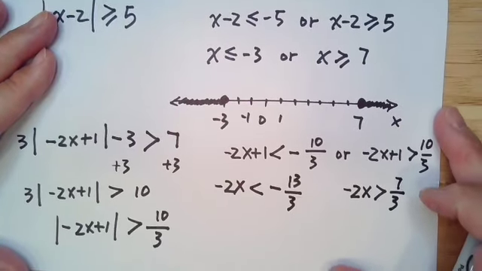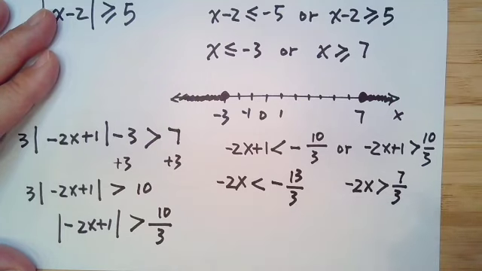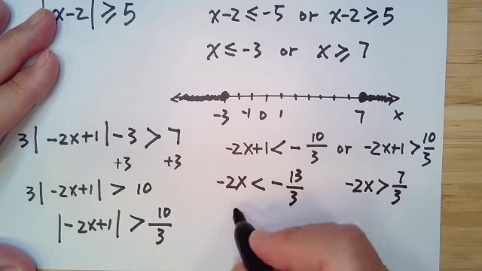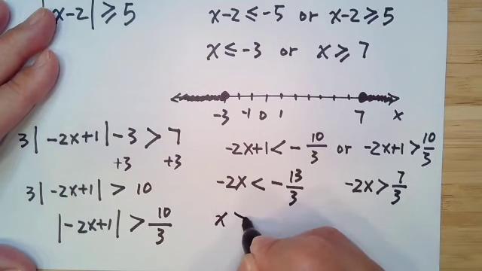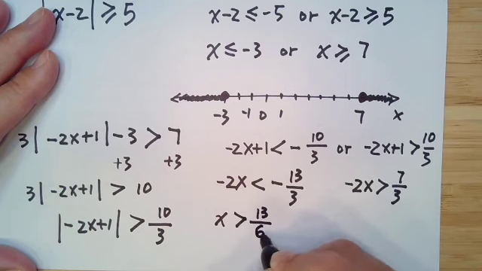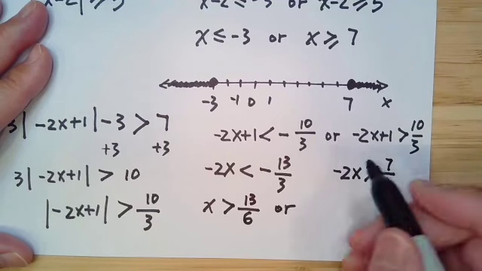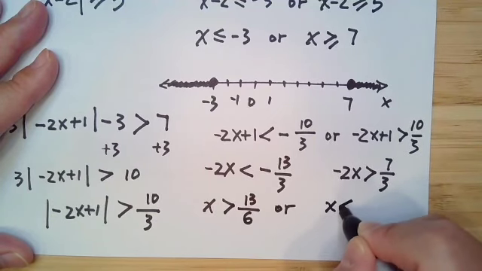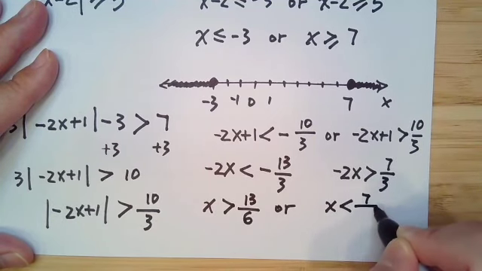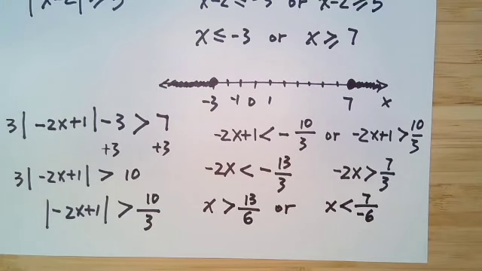The next step, we divide by negative 2. Divided by negative 2, that means you have to change the direction. So you have x is greater than 13 over 6. Or, dividing by negative 2, x is less than 7 over negative 6.